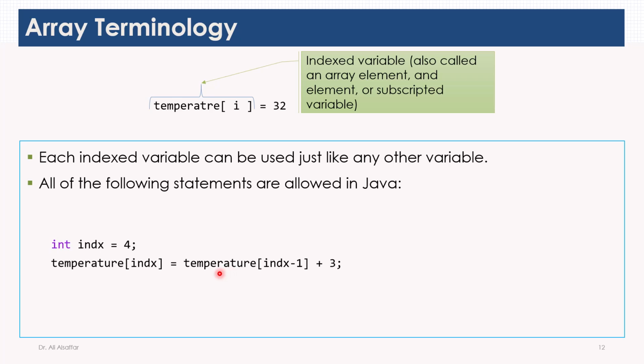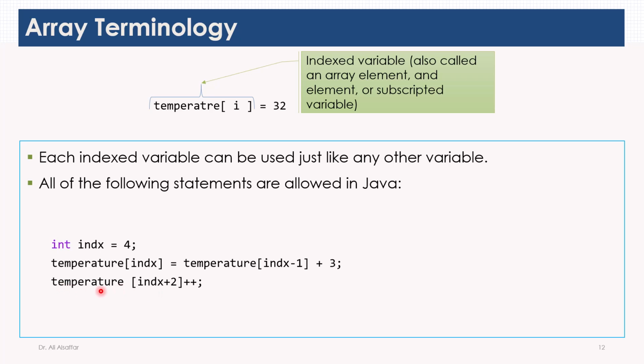For example, in this statement, we are taking the index variable at index minus 1. If index is 4, then 4 minus 1 is 3, so we are referring to the index variable at location 3. We add 3 to it and we save it into the index variable that is at location 4.